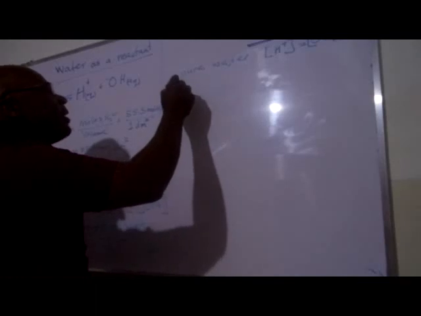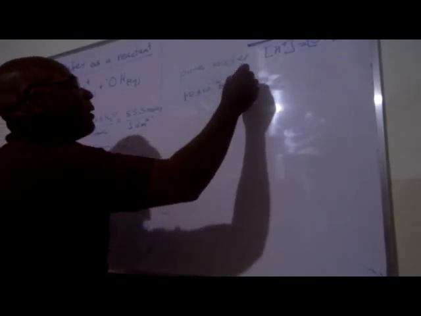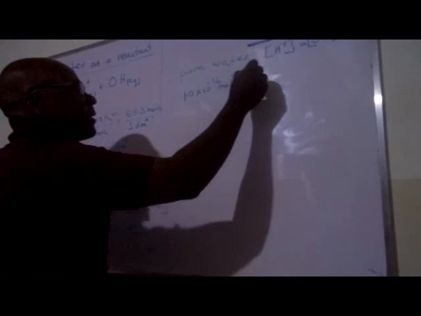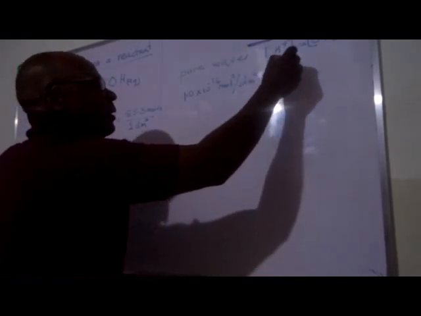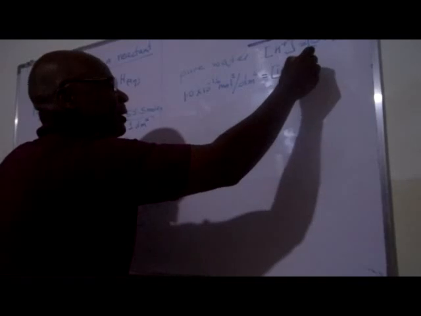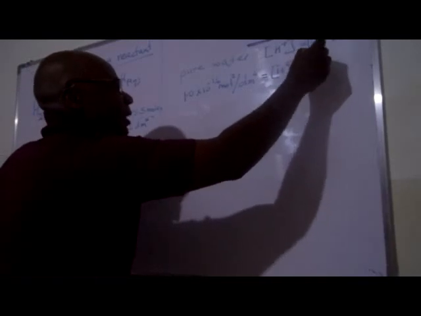So then this gives us 1.0 times 10 to the power minus 14 moles squared per decimeter to the 6, which is equal to the concentration of hydrogen ions multiplied by hydrogen ions again, because we are saying hydroxide ions are equal to hydrogen ions.